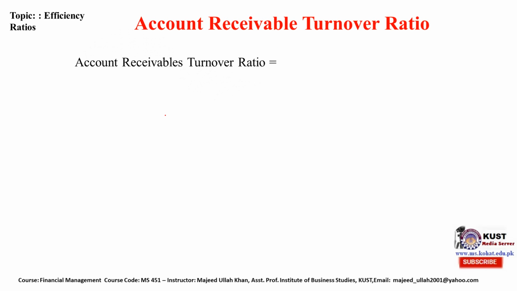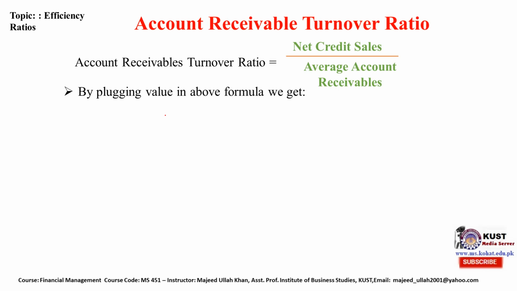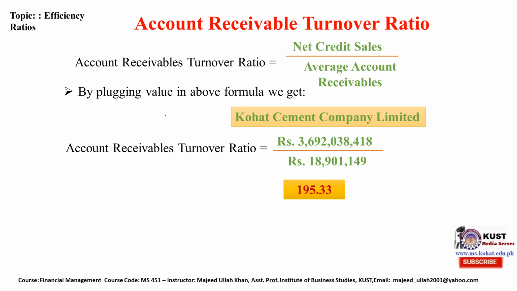Account receivable turnover ratio is equal to net credit sales divided by average account receivables. Plugging values from the balance sheet and income statement of KUST Cement Company Limited, it is calculated as 195.333.